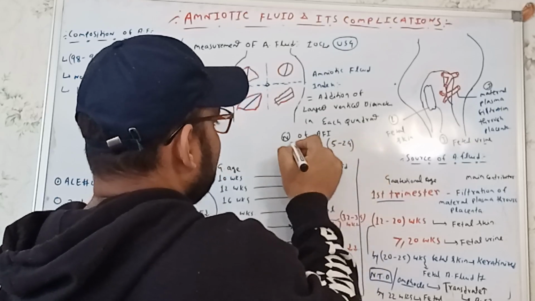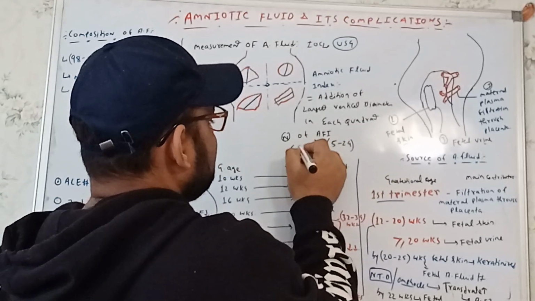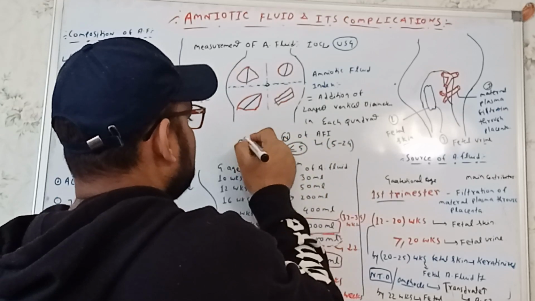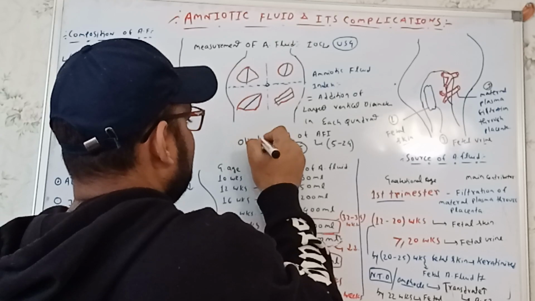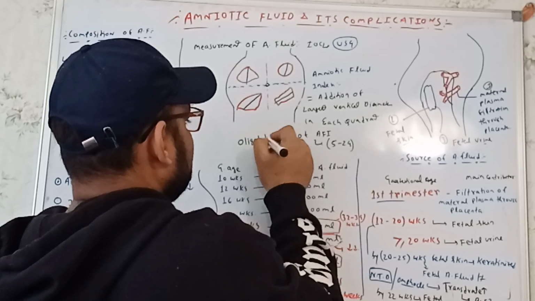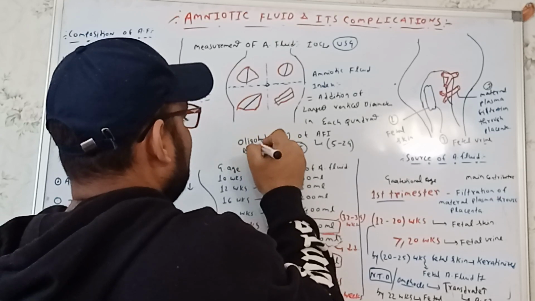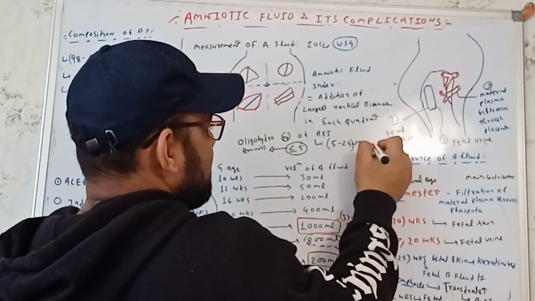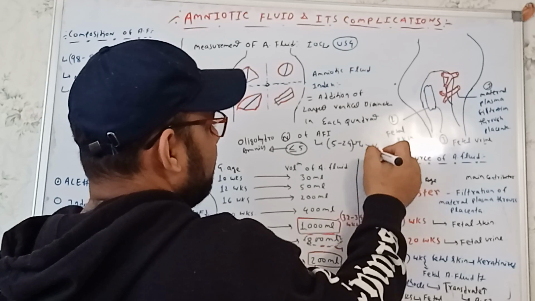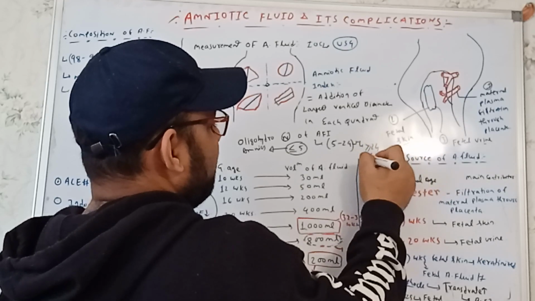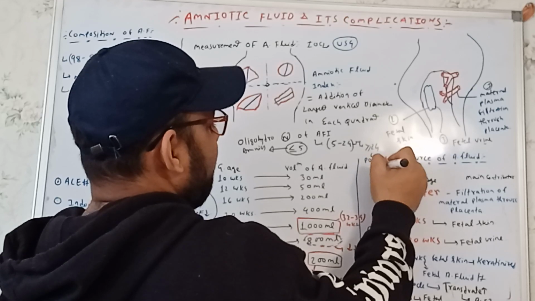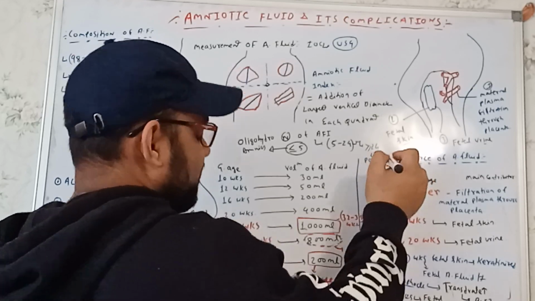If it is less than or equal to 5, it will be considered oligohydramnios. And if it is more than 24, then it will be considered polyhydramnios. Hope it's clear for you.